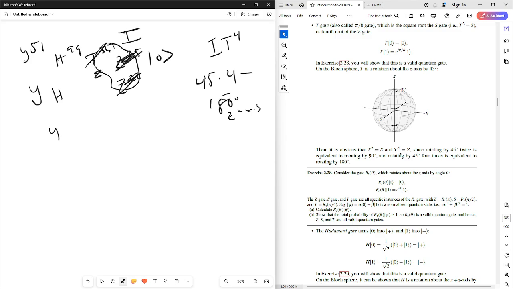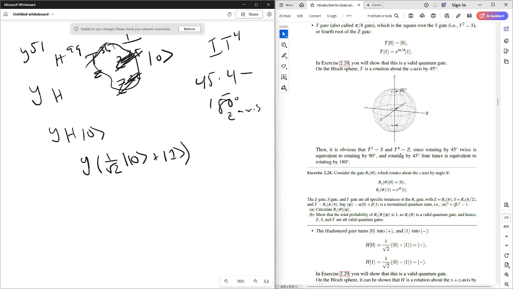So we'll start from the right and work our way to the left. We know that H on 0 turns it into the plus state. So now we'll have Y on 1 over square root of 2 of state 0 plus state 1.